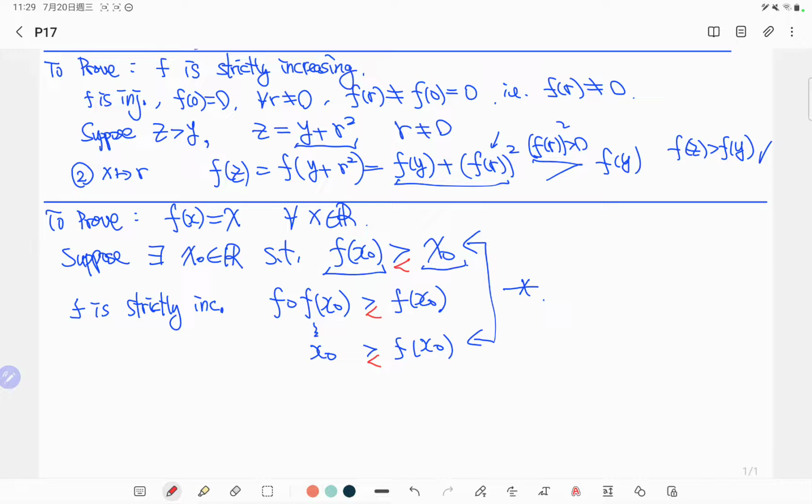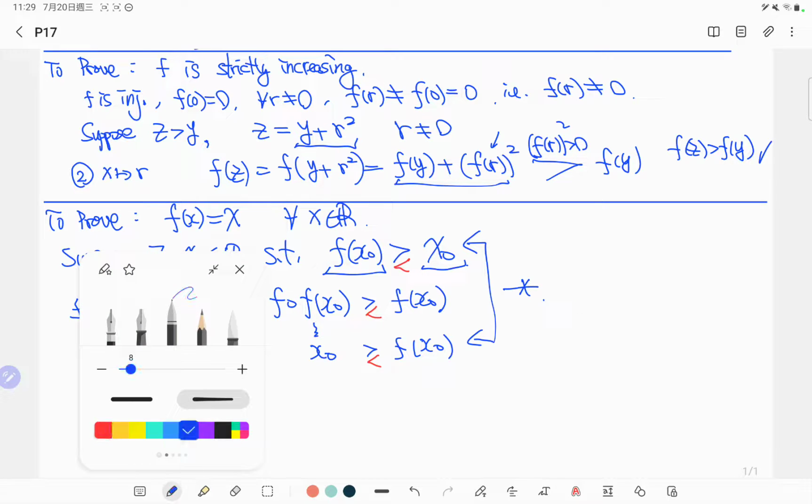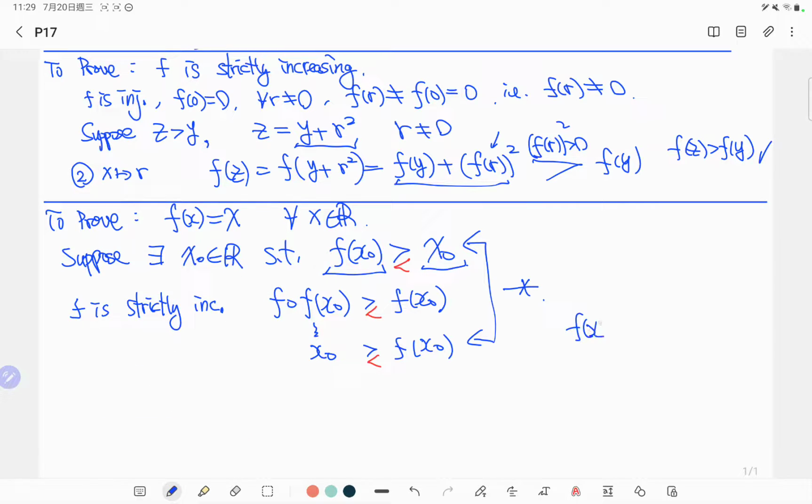So there doesn't exist any value such that f of this value doesn't equal itself, which means that by way of contradiction, we have proved that f of x should be x for all x in real numbers.